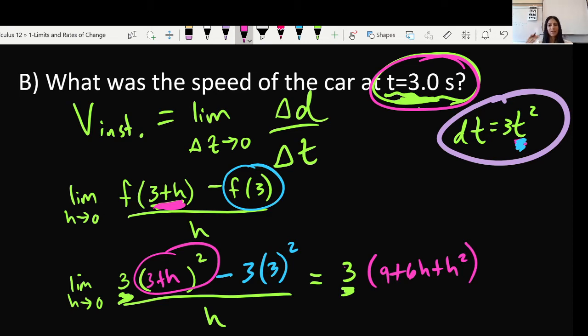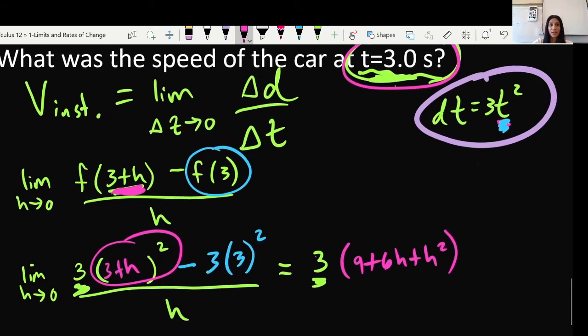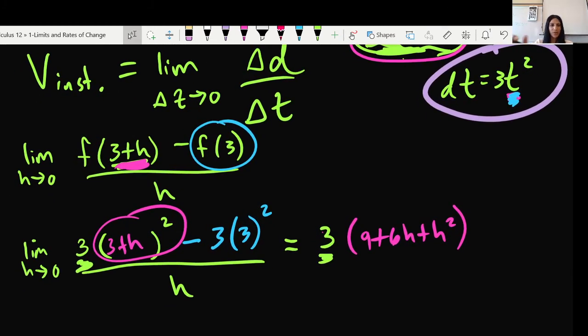Go ahead and do that if you need to refresh your memory, but at this point I'm going to assume most of you are pretty okay with doing that, so I'm not going to go through and FOIL all that out. And then this part here, 3 squared times 3, I just end up getting minus 27 at the end there. And then again, the whole thing is over h.